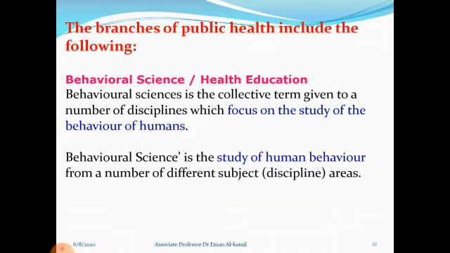For example, on the healthy behavior side, how can we have good behavior in order to have good health, such as physical activity, having a healthy diet, stopping smoking, having a good lifestyle. All these factors are regarded as healthy behavior, and you can give a large number of examples.